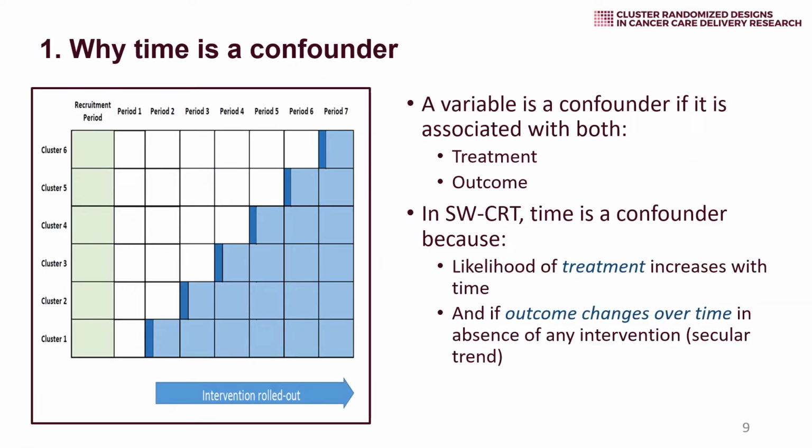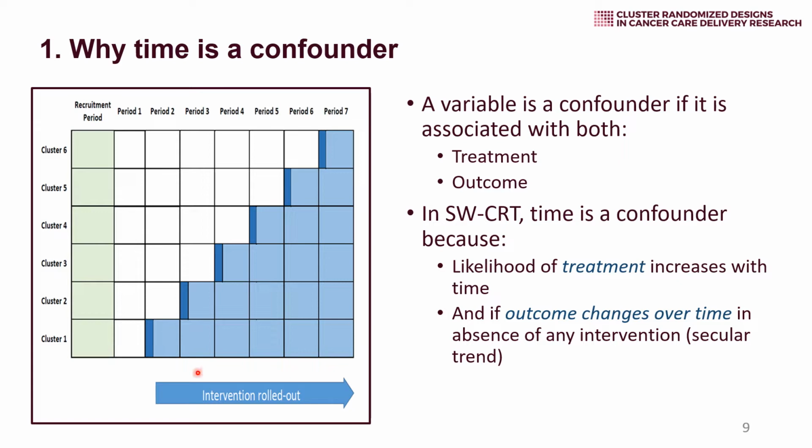So first of all, why is time a potential confounder? As a recap, a covariate is a confounder if it is associated with both the treatment and the outcome. Now in a stepped wedge cluster randomized trial, time is a confounder because the likelihood of being treated increases with calendar time.